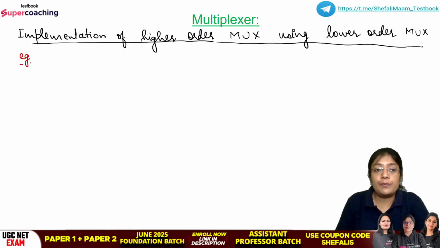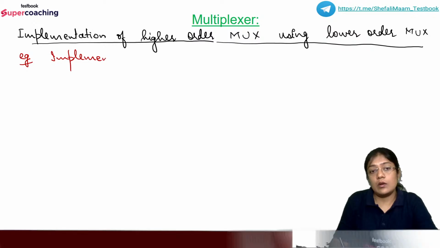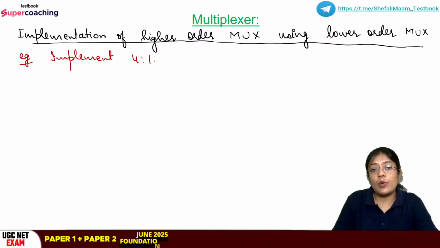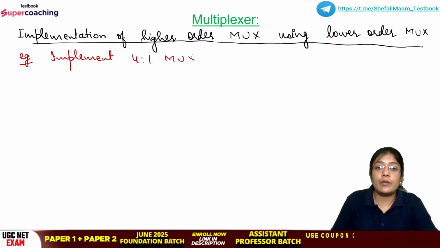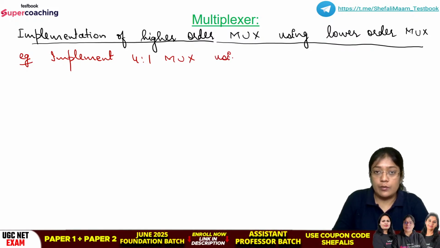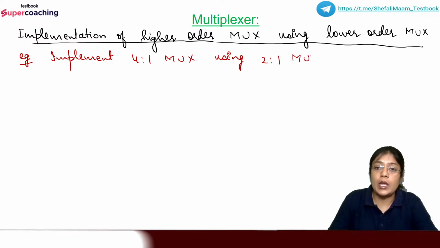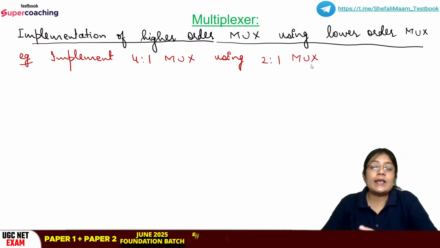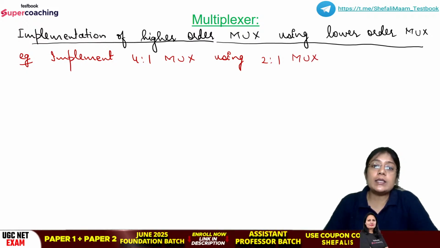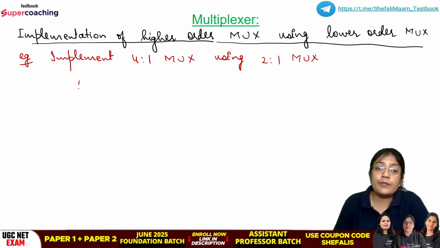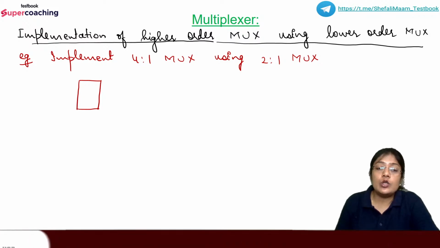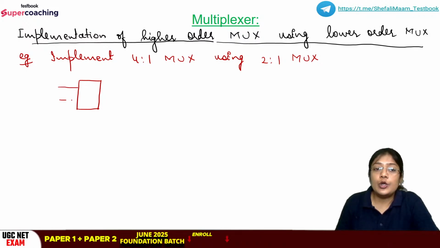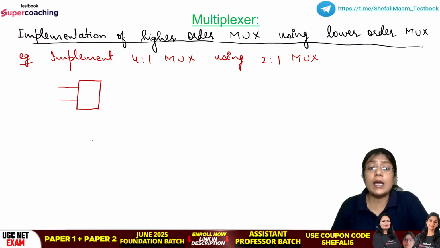For example, implement a 4:1 mux using lower order multiplexer; I have taken 2:1 mux. We have to implement the 4:1 multiplexer. That means for the multiplexer there are 4 input lines, but we are using 2:1 multiplexer. 2:1 means 2 input lines, but total input lines are 4.